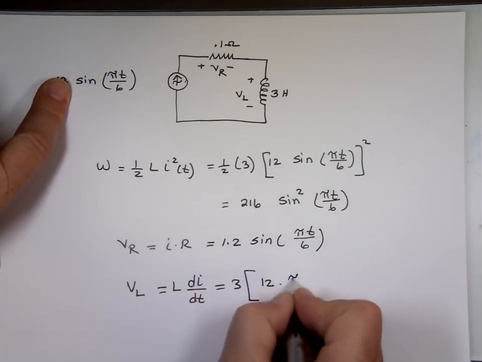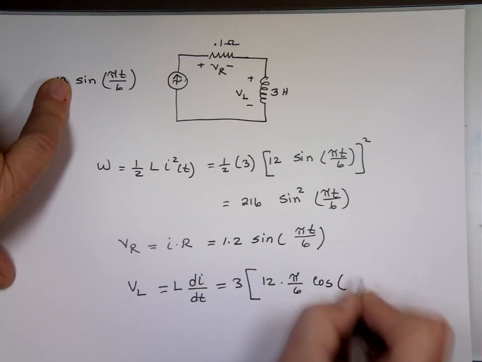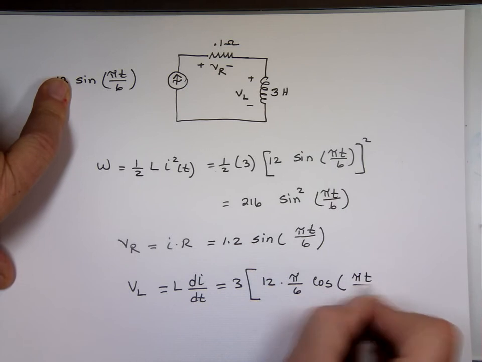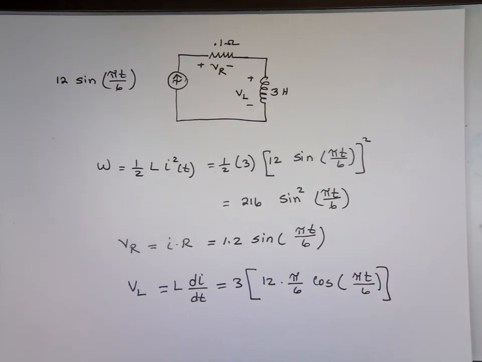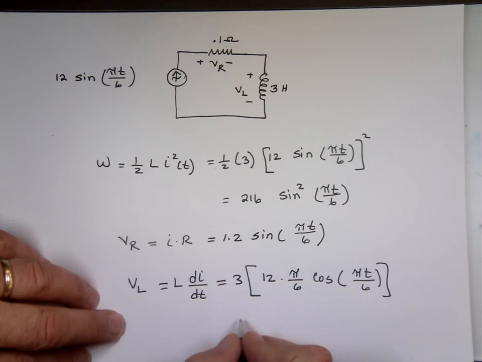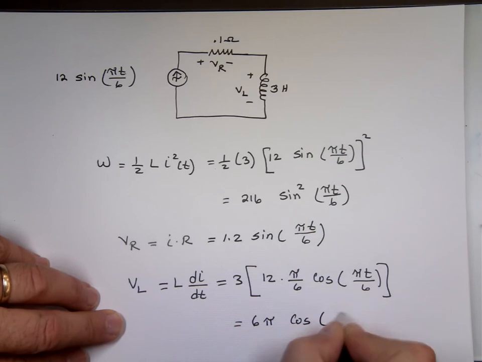Pi over 6 times cosine pi t over 6. That would be 2 times 3, is that 6 here? 6 pi cosine pi t over 6.